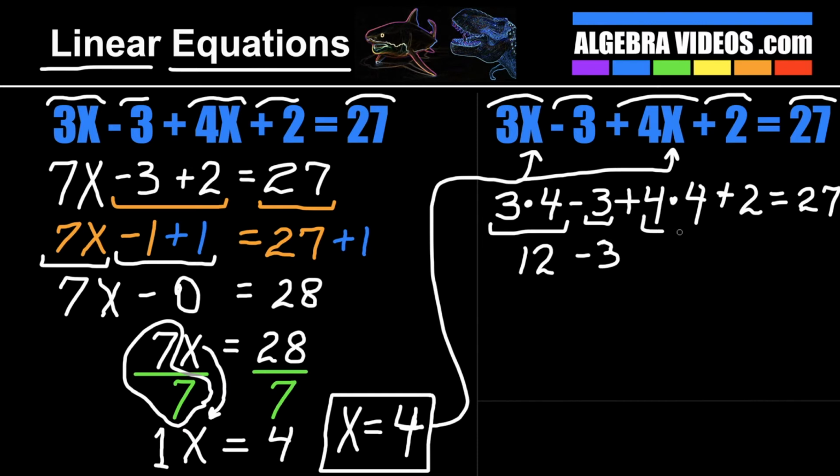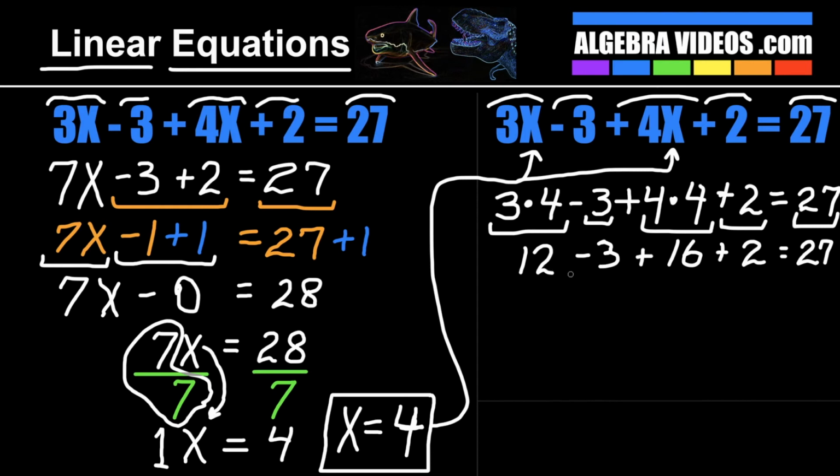And then plus this, 4 times 4. Well, that's 16. So I'm going to say plus 16. And then plus 2. The very end here is a plus 2. So I'll rewrite a plus 2. And that equals, on the right side, 27. Same thing. Still 27 there.